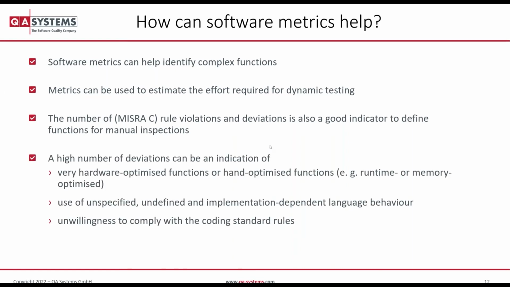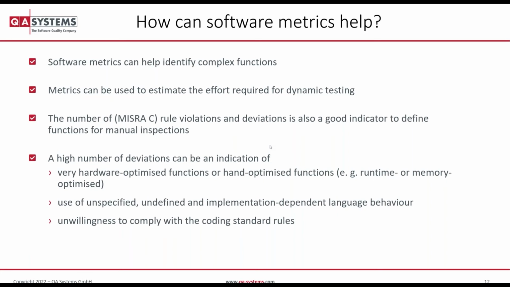A high number of deviations could also be an indication of, for example, very hardware optimized or hand optimized functions. You have that in very close runtime or memory optimized driver software, and these, for example, don't need to be very portable.